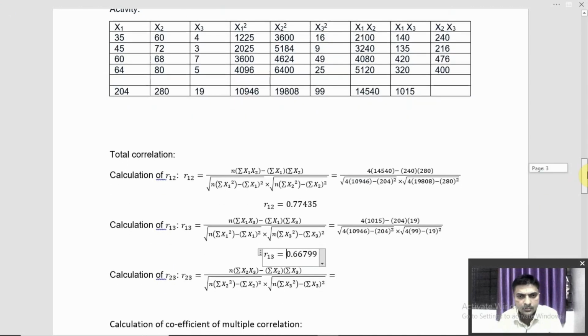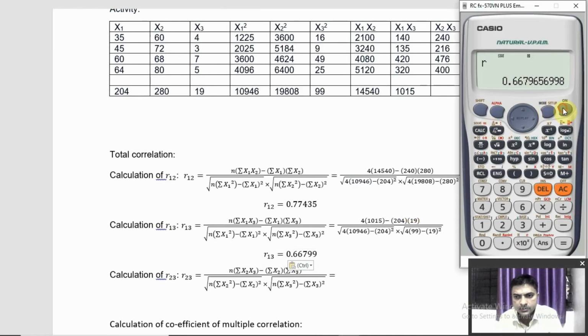Similarly, you have to try for R23. Without wasting time, go to the calculator once again. Now again go to mode setup 3, statistics 2. Then you will get R23. Now you're going to take x as 60, 72, 68 and 80.